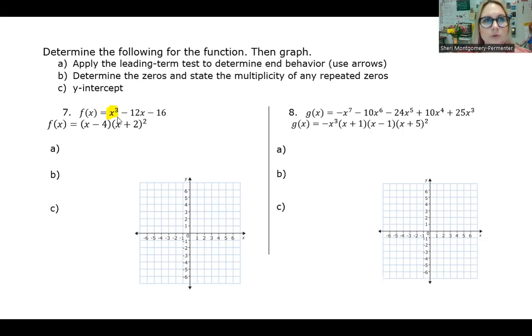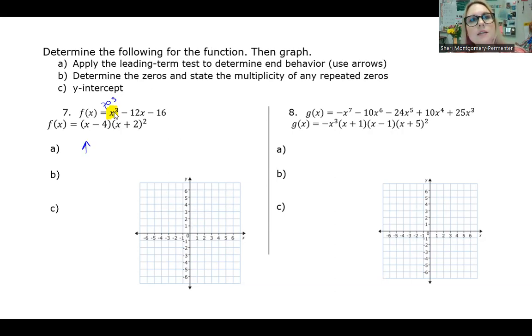From standard form, you can look at the leading term and tell whether it is positive or negative. Positive means the right arrow is going to go up. I can tell that it is positive, so my right arrow will be up.